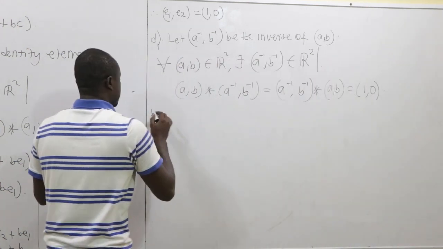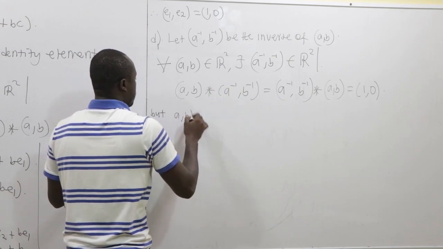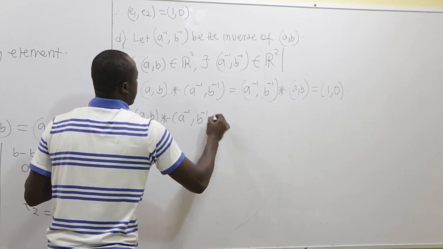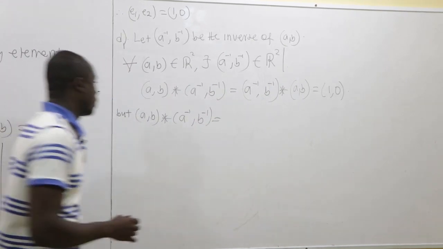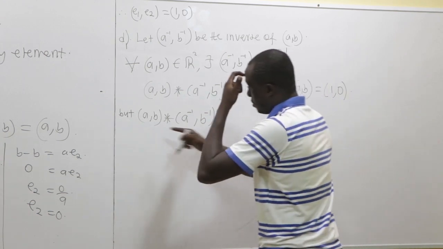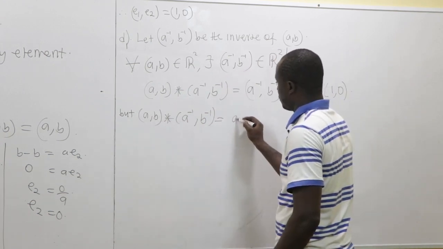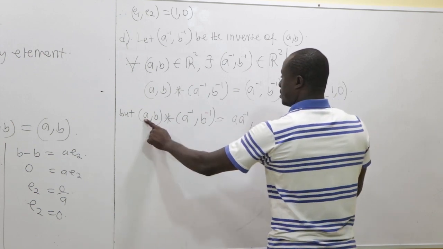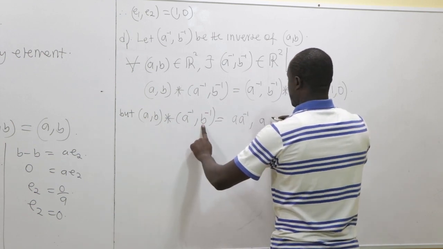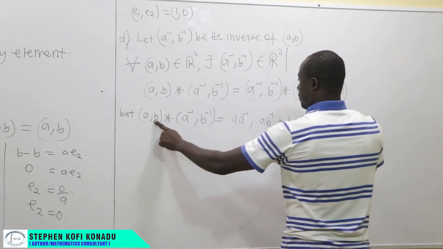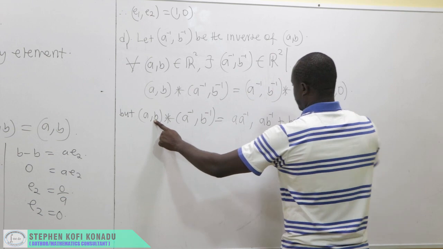Now, (A, B) star (A inverse, B inverse), using the definition, is equal to AC, so that is A times A inverse, and then AD, so A times B inverse, plus B times A inverse.